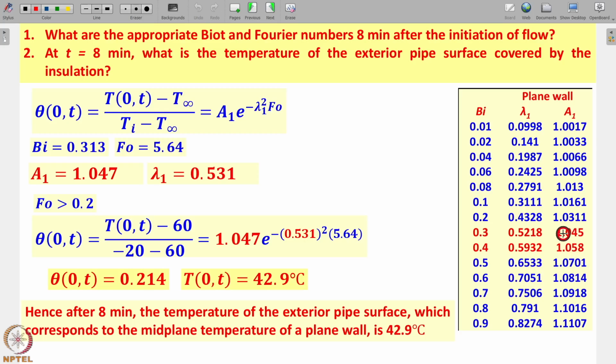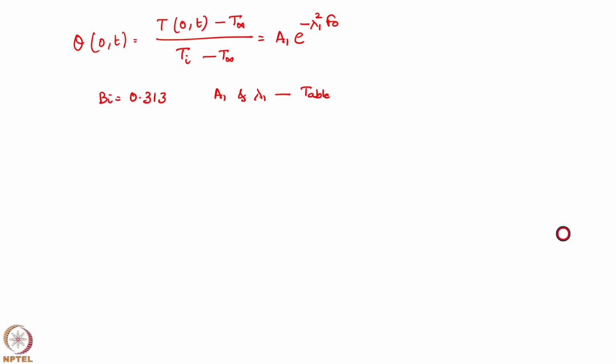At 0.4, lambda 1 is 0.5932 and A1 is 1.058.